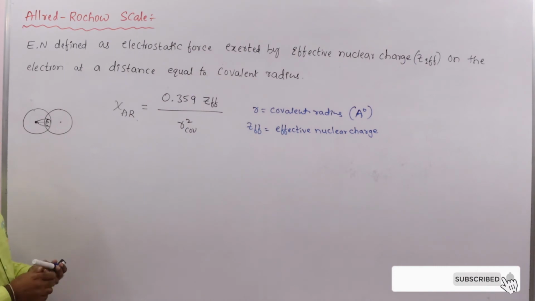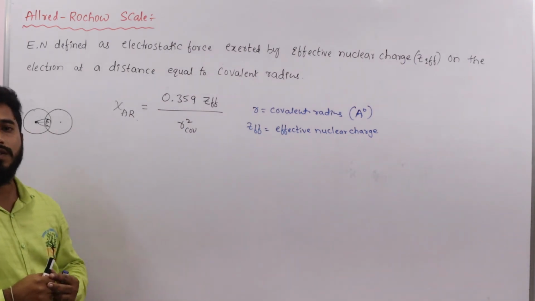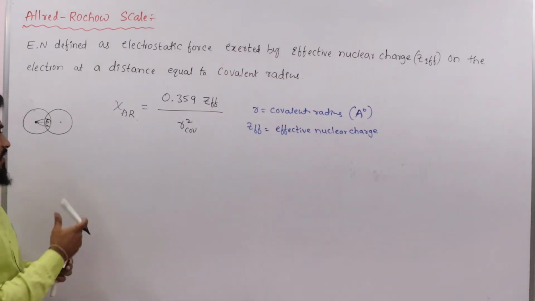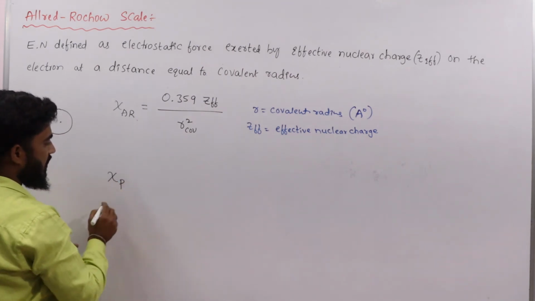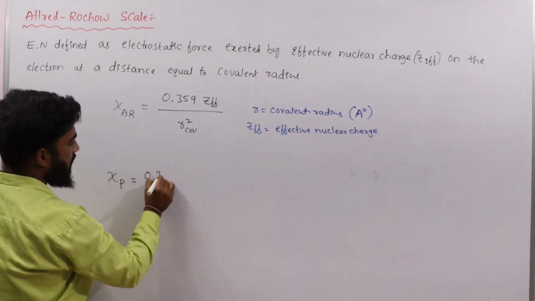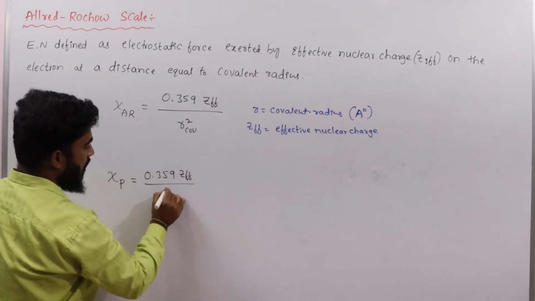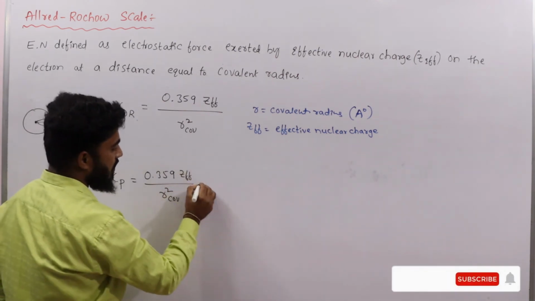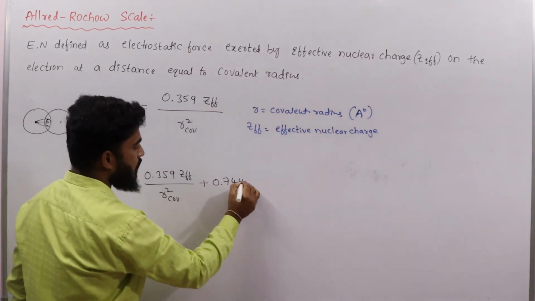Let us see the relation of Allred-Rochow electronegativity values with Pauling scale electronegativity values. The relation is: Pauling scale electronegativity equals 0.359 Z effective by R square, where R is the covalent radius, plus 0.744.